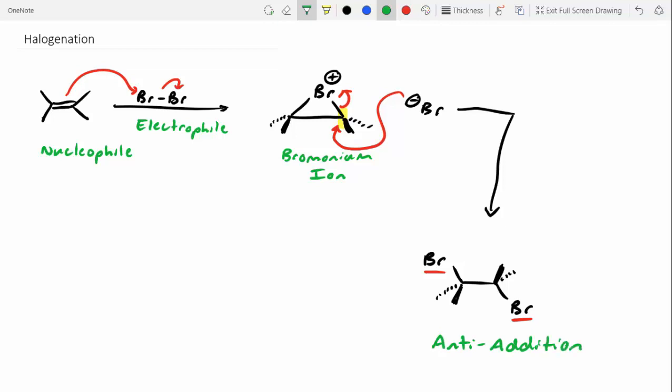So in this addition reaction, we're not observing syn addition of two substituents coming off of an alkene. We're observing anti-addition, where they're coming off of opposite faces. The other cool thing with this reaction is that it will sometimes work with chlorine.